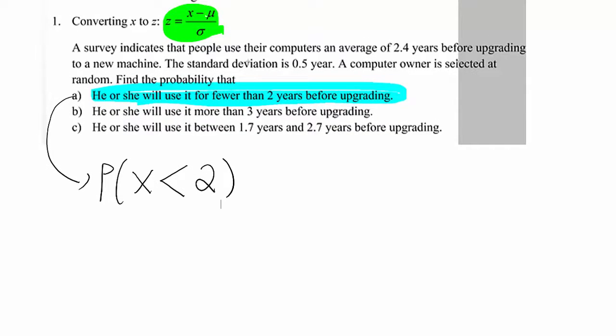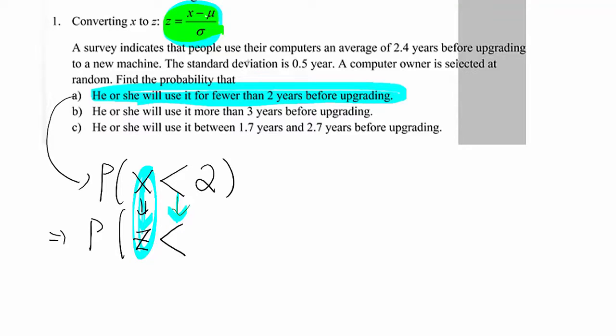Then how to do it? Basically, you just write x value become z here, and then we follow the exactly same sign here. Okay, so again, as you see, x become z value, and then this symbol is exactly same here. Now, since we want to switch x to z, the z formula must be applied.